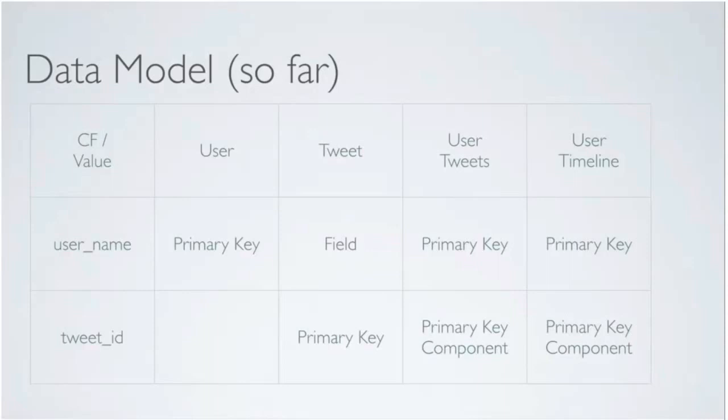There's the users and the tweets, and we're storing data about those entities in different ways, in different tables, still addressable by the natural key of the entity for the most part, and optimized to support the different types of read queries that our application wants to do.